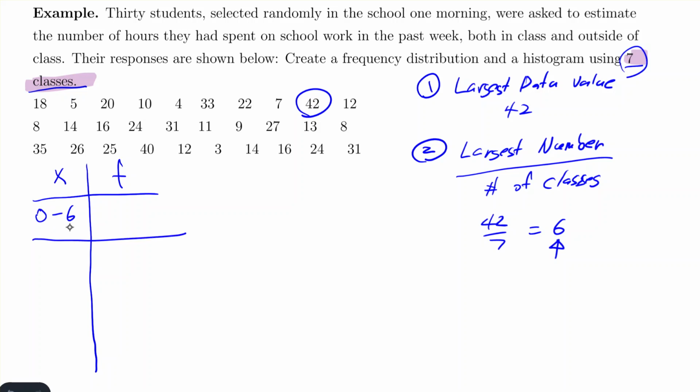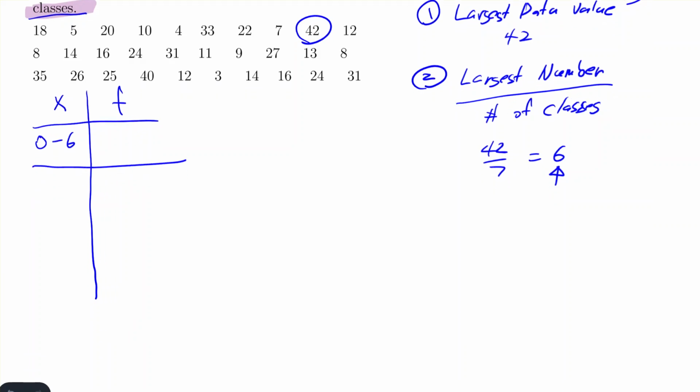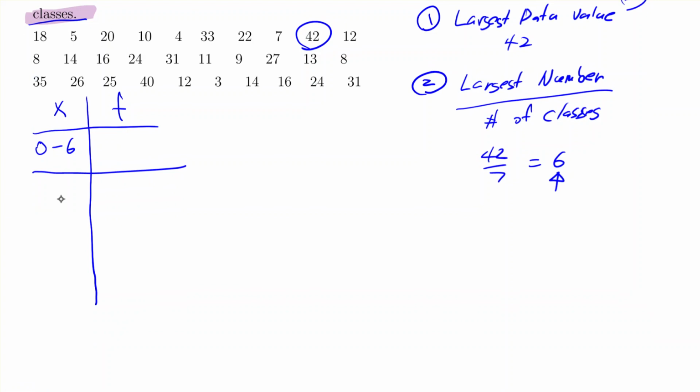And I'm counting how many numbers I have between 0 and 6. Similarly, after 6 comes 7, so 7 to 13. This width is 6, and this number comes from here. There are 7 numbers, 0, 1, 2, 3, 4, 5, 6, but the width, the length, is 6. And here, 14 to 20.